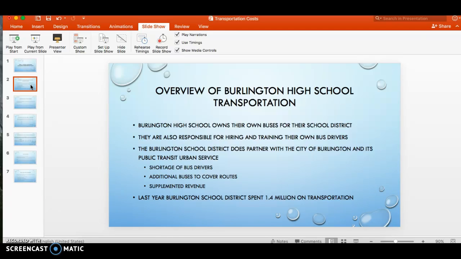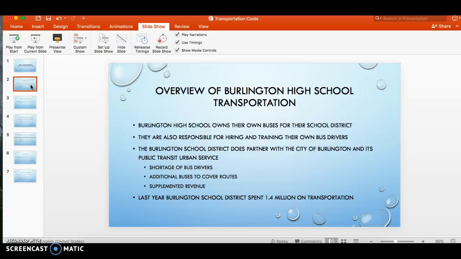Burlington High School owns all of their own buses for their school district. They're responsible for the hiring and the training of their own bus drivers. They do have a partnership with the city of Burlington and its public transit urban service, which allows them to get more buses out on school bus routes, especially when there's a shortage of bus drivers for the school district.